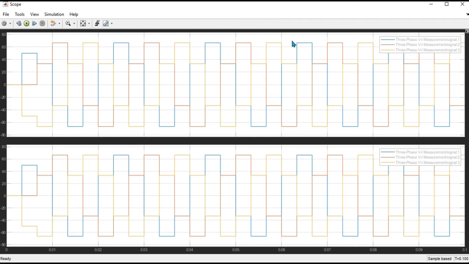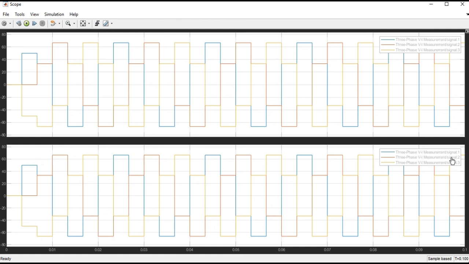Okay, there are some losses, so you are getting 65 voltage, and the current is nearly equal to the value shown. This is the output voltages.